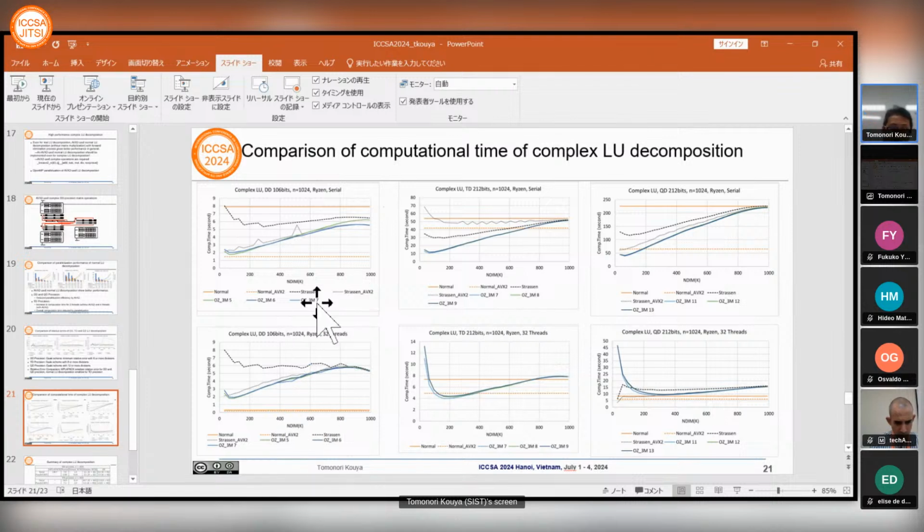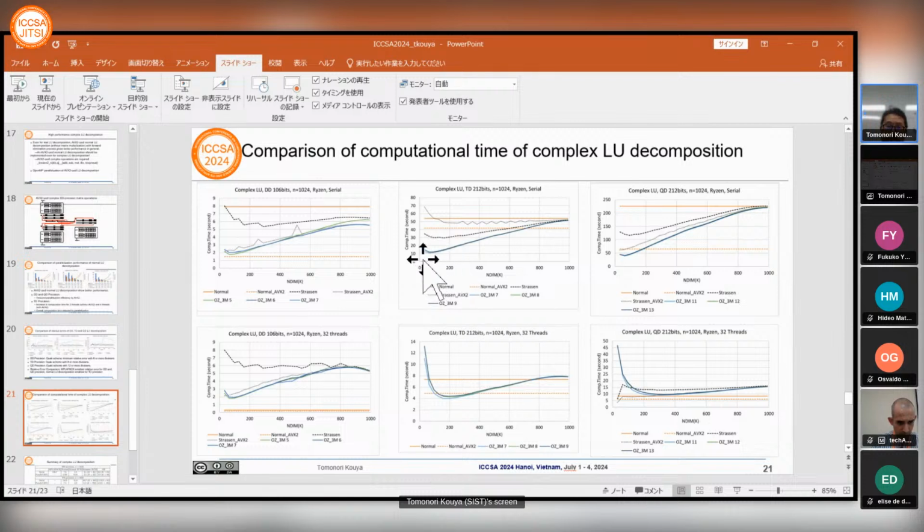In 32-thread parallelization, FX2 double precision complex LU decomposition is also showing the best performance.